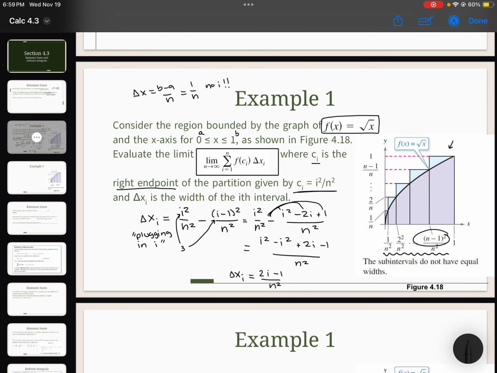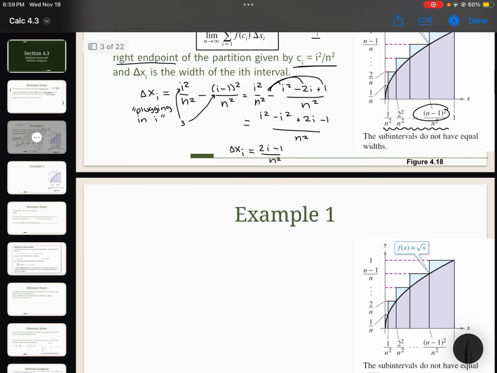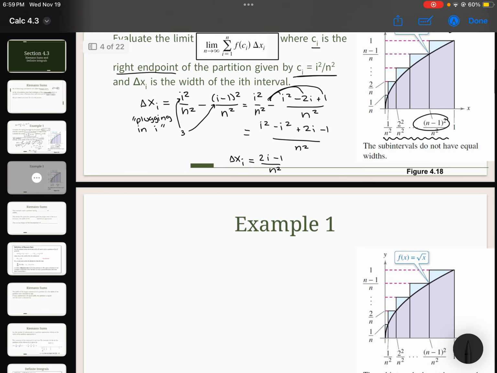All right, so we're going to still be setting up our limit summation the same way we normally would. I'm going to have the limit as n goes to infinity of sigma from i equals 1 to n of f of ci, and they told us what that ci is. That's this. We're going to be using that times our now variable width. So let's go ahead and plug this all in.